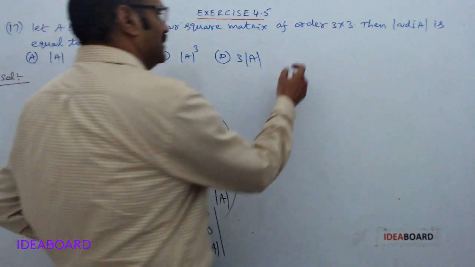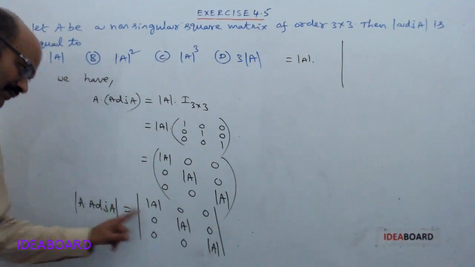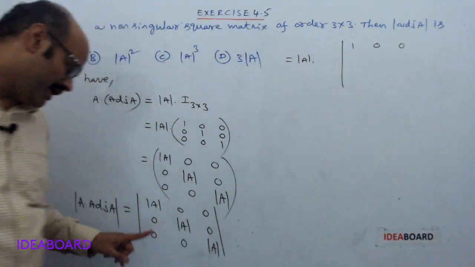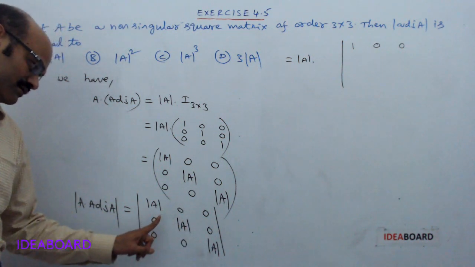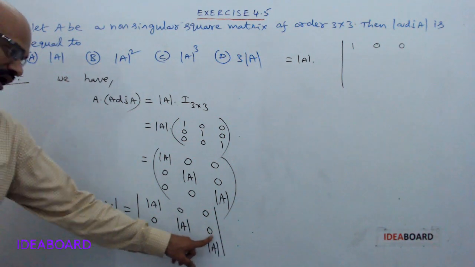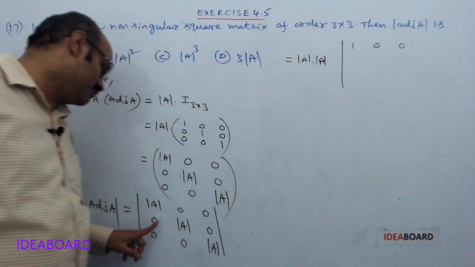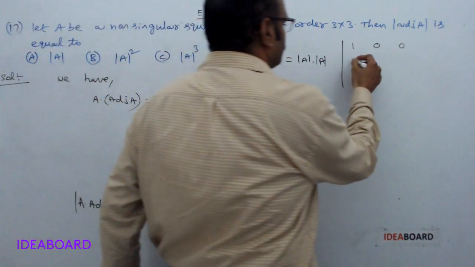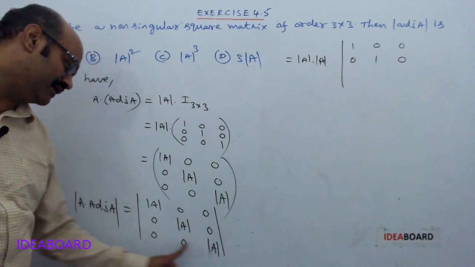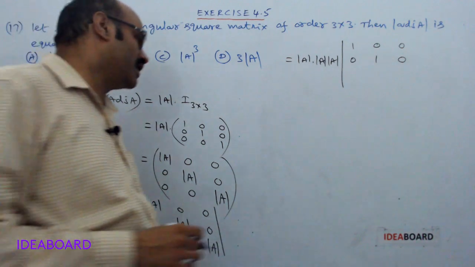So det A into 1 0 0, and from the second row we can take the common factor det A outside, giving 0 1 0. Taking the common factor det A from R3, det A into 0 0 1.